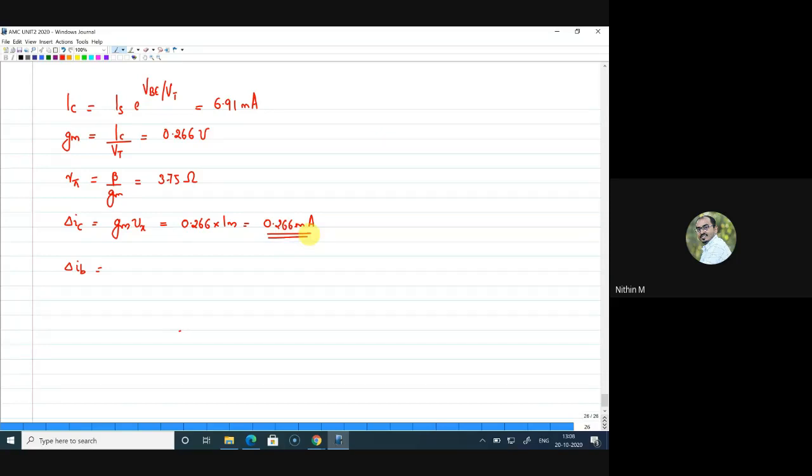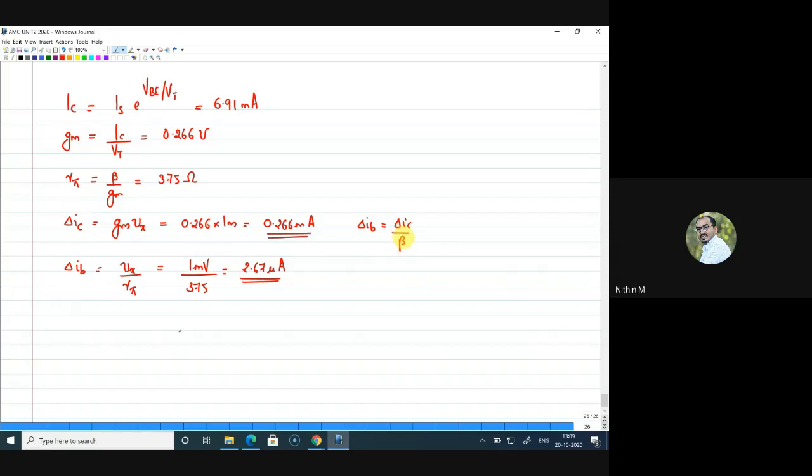Similarly, change in IB can be obtained as Vx, the voltage there, divided by the resistance there, R pi, right? So that will give you 1 millivolt divided by 375. That will be change in IB, which is 2.67 microamps. If your IC is known, you can find delta IB also by delta IC by beta.